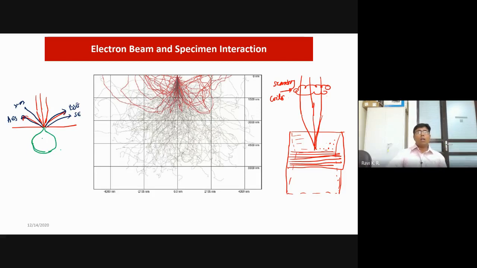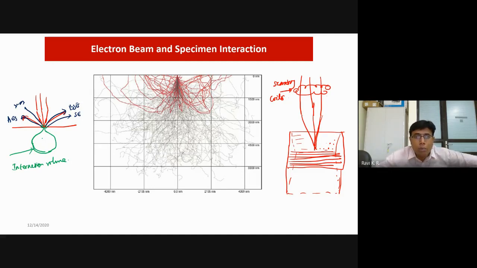The signal you are getting from the sample is not only from this region alone. We are actually getting a signal from what we call the interaction volume. So we are getting a signal from this entire volume. Again, in the entire volume we have different regions.